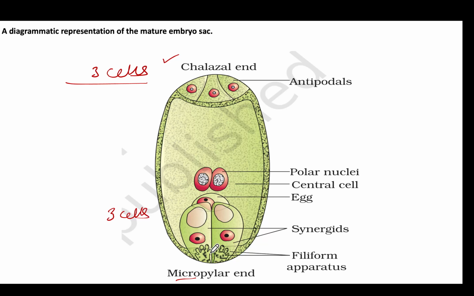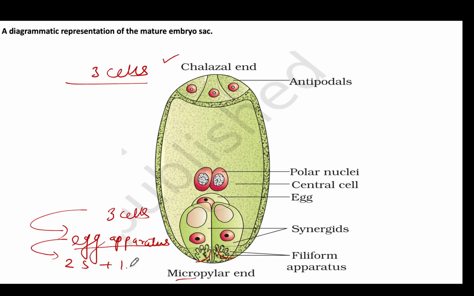At the micropylar end there is an opening, from where the content of the pollen tube will be released. Here we have the egg cell, and with the egg cell we have the egg apparatus. What is the difference between egg apparatus and egg cell? Egg apparatus contains more than 1 cell: 2 synergids plus 1 egg cell.